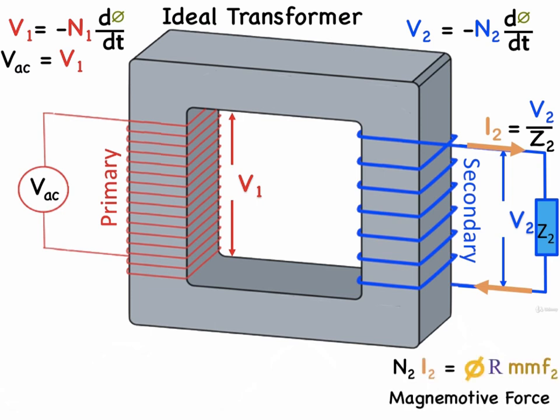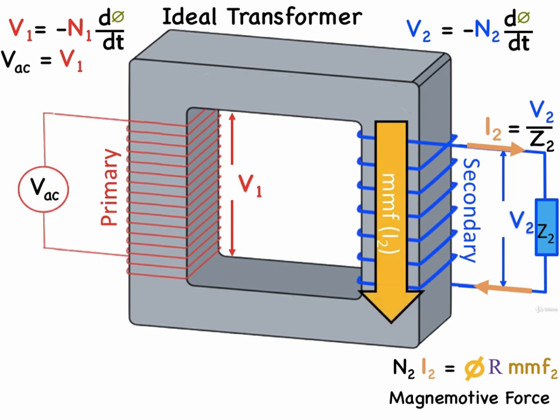The current in Z2 will produce a magnetomotive force MMF2, which is equal to N2 times I2, and cause a flux in the core limited only by the reluctance of the core material, R. Depending on the direction that the coil is wrapped in, it may be in this direction, we'll assume that for now.